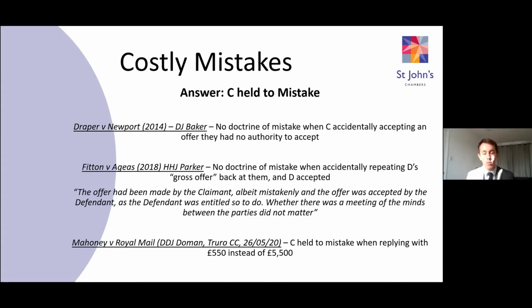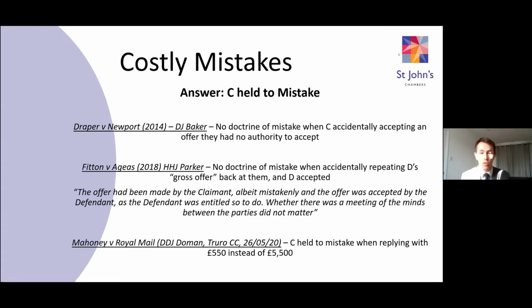Now, this was an appeal in the County Court. His Honour Judge Parker. This is a little bit more like the example which I wrote in the previous slide, but it was a little more involved in terms of this had gone back and forward a couple of times.